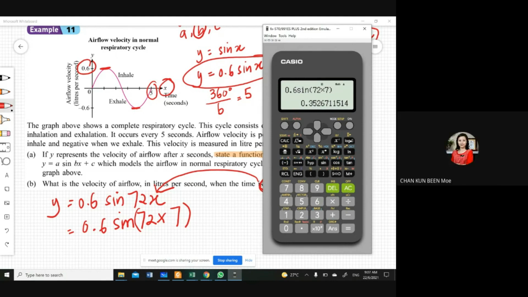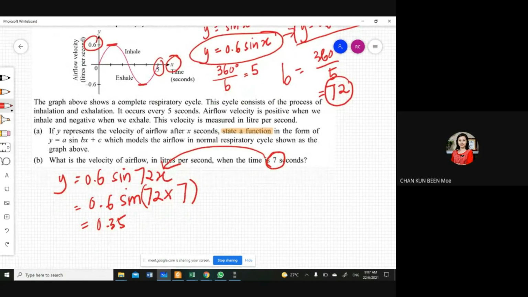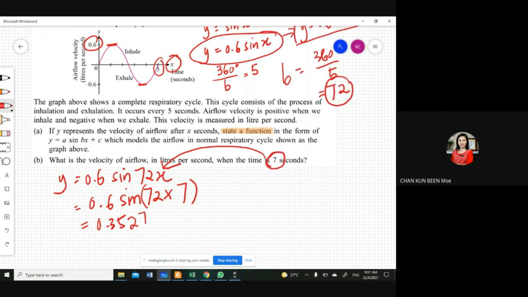So y is equal to 0.35. Because I didn't mention how many decimal places, for this type of question you just need to give 2 decimal places. If you want to put 4, also no problem. So it will be 0.3527. The velocity of airflow is equal to 0.3527 liter per second. You just need to re-answer the question because a question is given.